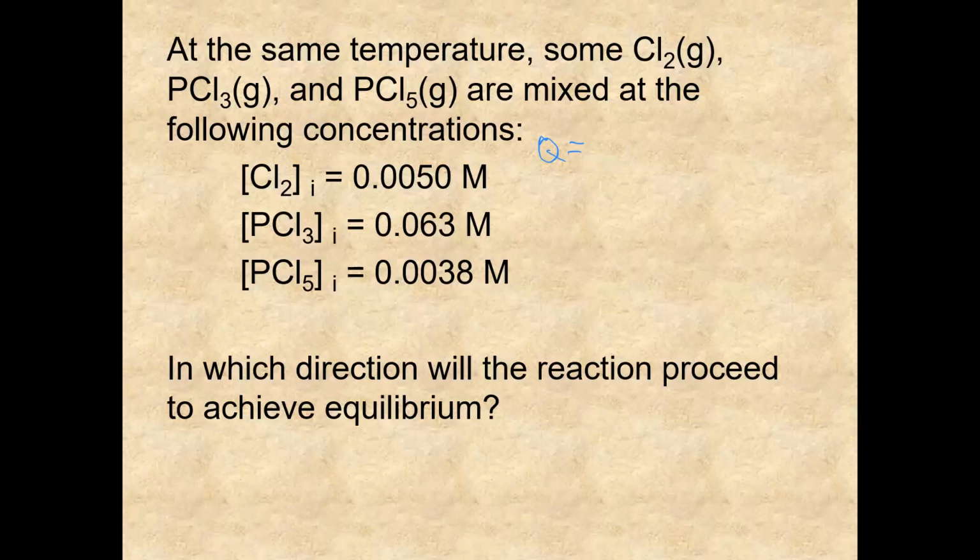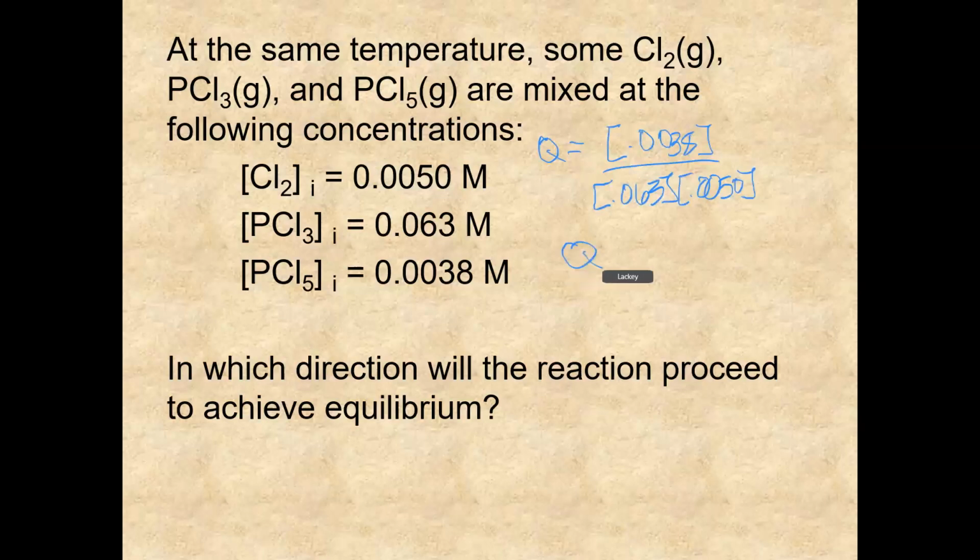The PCl5 was on top. That's the 0.0038. The PCl3 was on the bottom, the 0.063. And the Cl2 is on the bottom. That's the 0.0050.